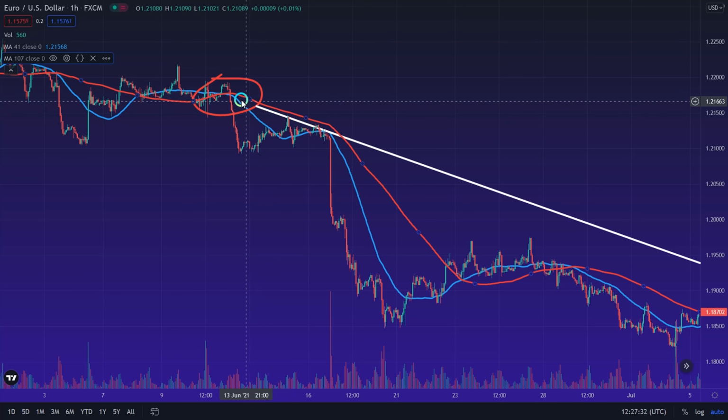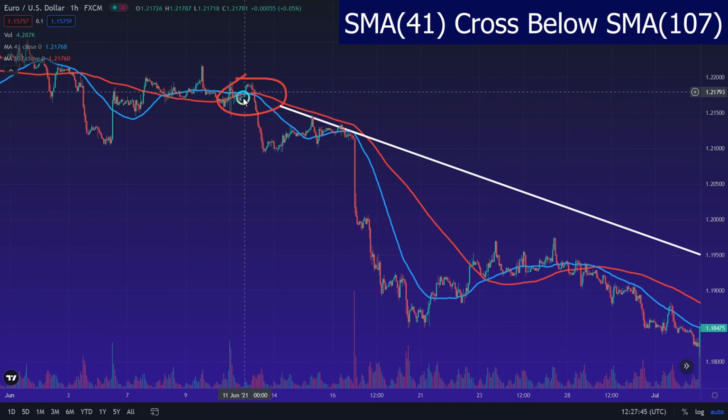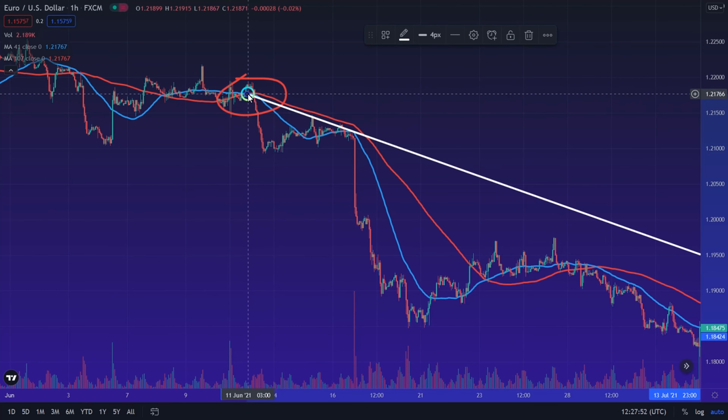Let's see the second. So the second condition is that the 41 period simple moving average has to cross below the 107 simple moving average. And as you see, it just happened right here. So here we could actually take that trade, and so it is our entry.